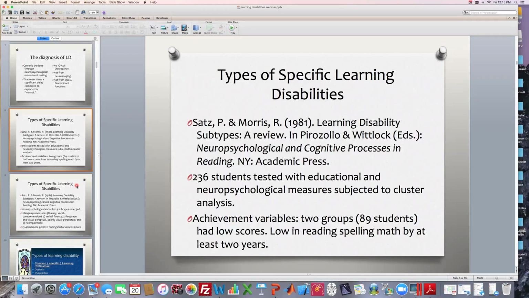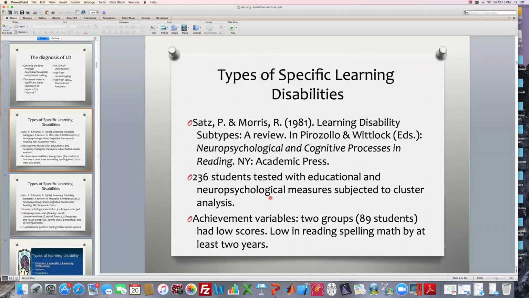Dr. Satz was actually my mentor about 10 years after this, where they looked at 236 students tested with educational and neuropsychological measures that they then subjected to cluster analysis. Cluster analysis enables us to take different test scores that line up with each other and put them together so that we can understand ability levels and areas.